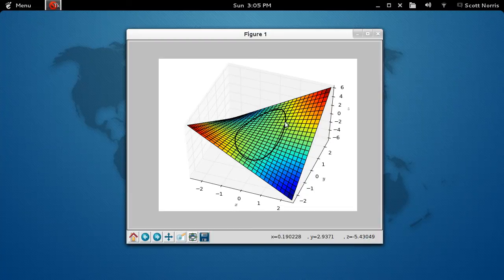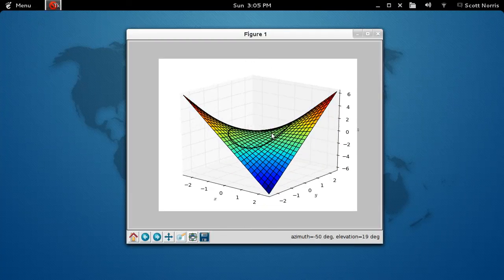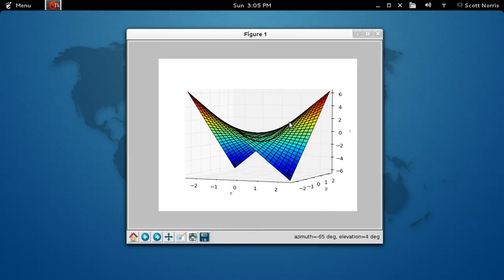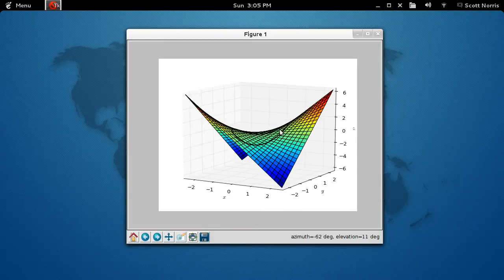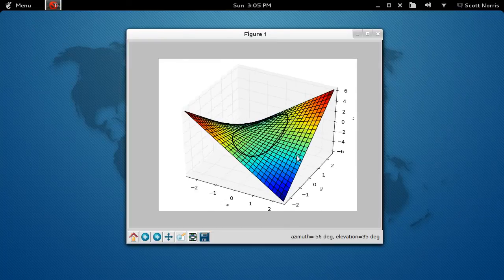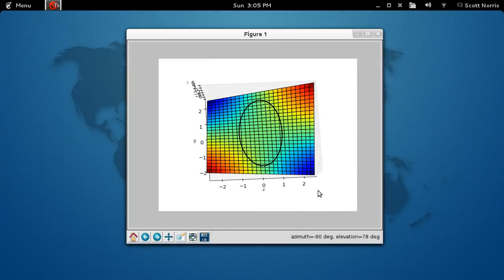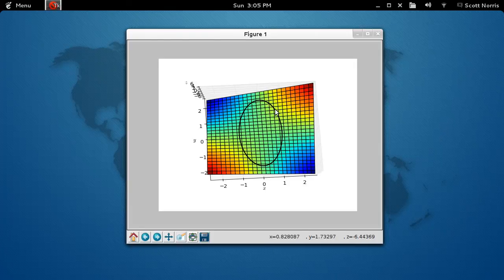And it looks like there'll be maybe 2. If we look at it from the side, we can see that it dips down into the bottom part of the saddle, but also goes up a little bit into the high part of the saddle. And so it looks like there should be a maximum value, perhaps here, and a minimum value, perhaps here and here. So we might expect to find 4 extreme values of this function.